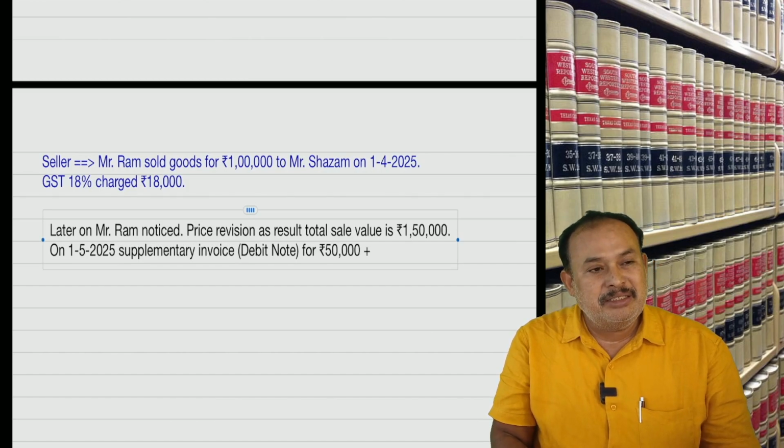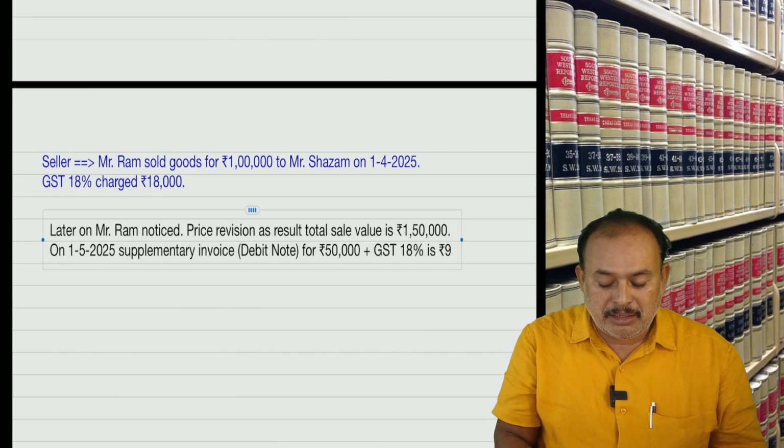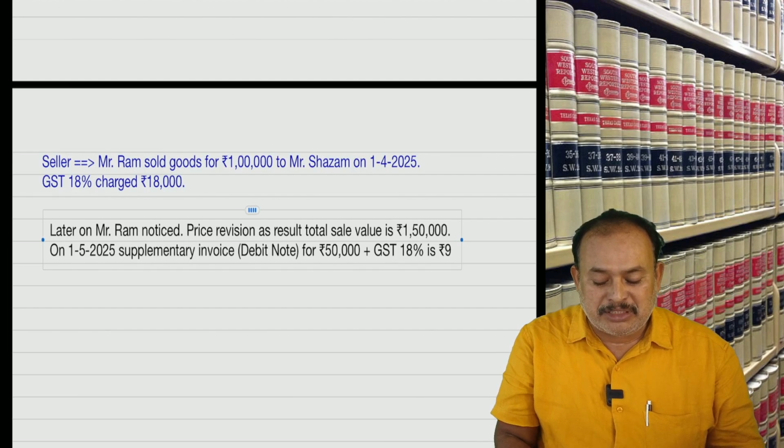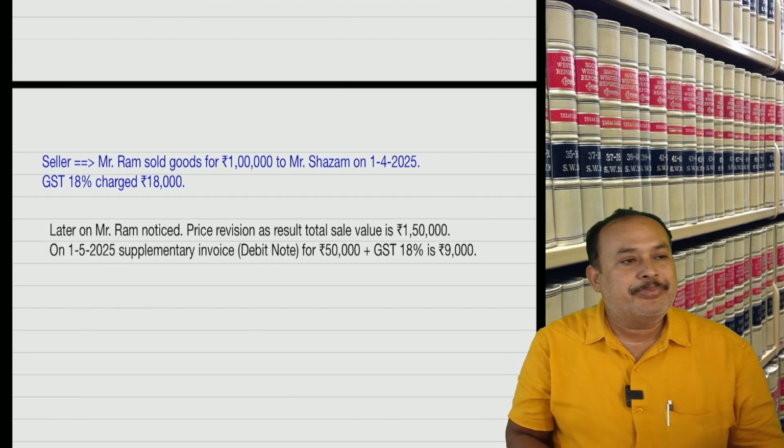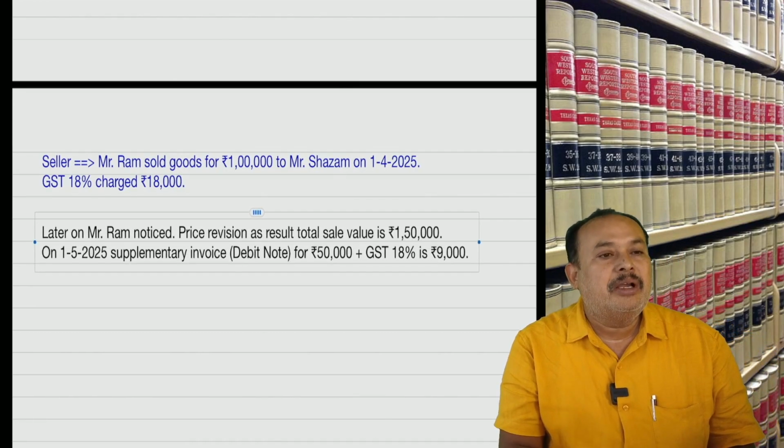For rupees 50,000, for which GST 18% is 9,000. Is that clear, bro? Understood? Have you understood?